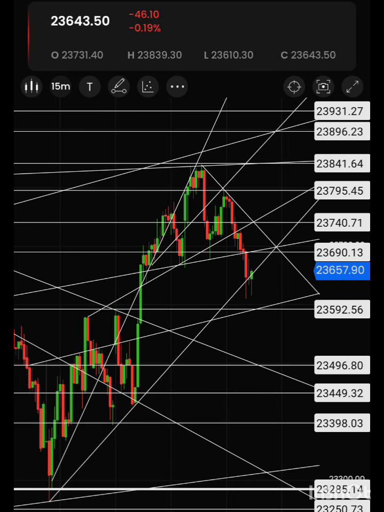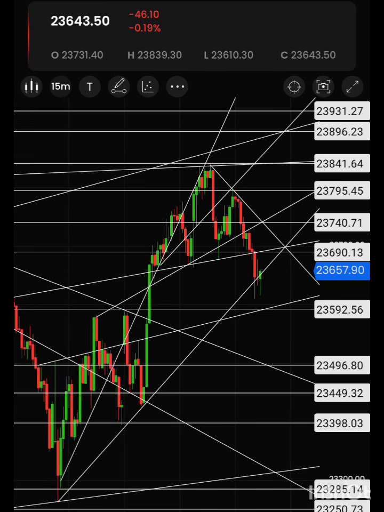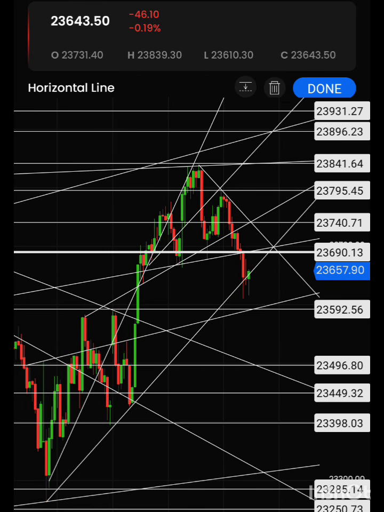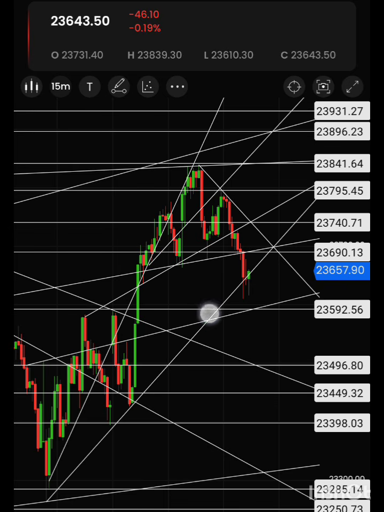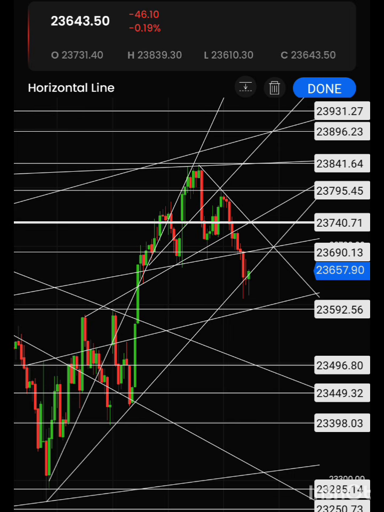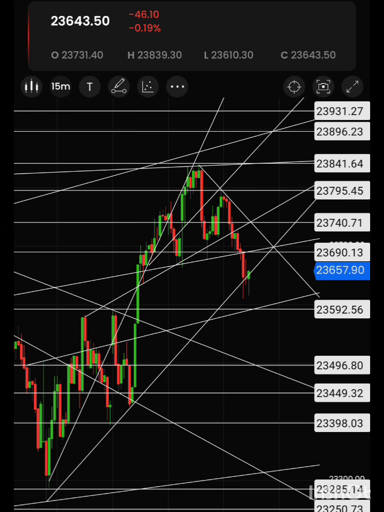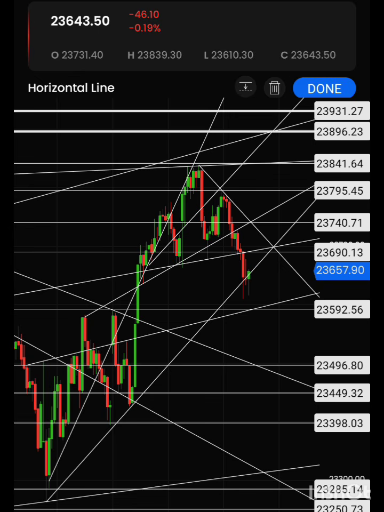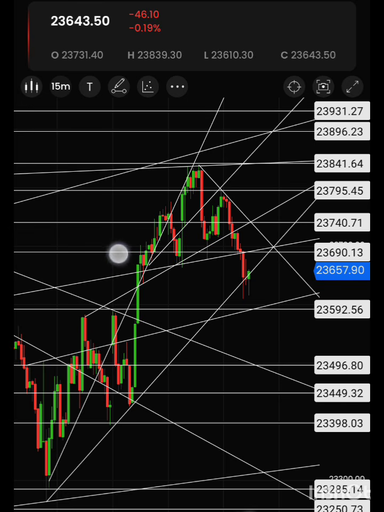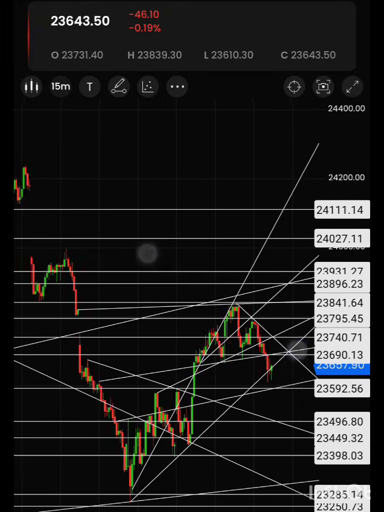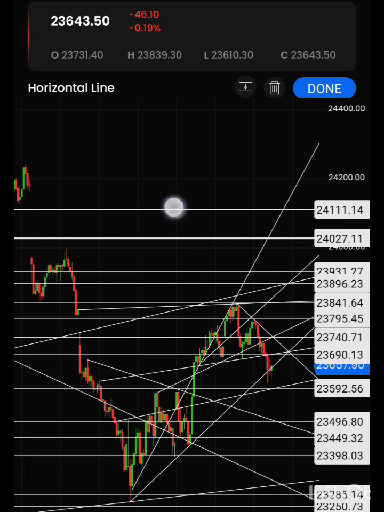These are the current situations as per the downside movement, and once we cross the upside level of 23,690, there might be a lot of selling pressure from 690 to 740. Above 740 we can see a little more upside, and the next target will be 23,795 to 800, then 840 above, then 23,896 and 930. The previous target I mentioned was 930, and above that we have 24,027, then 24,111.